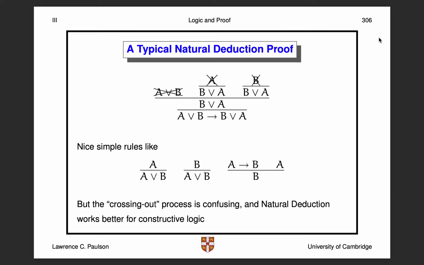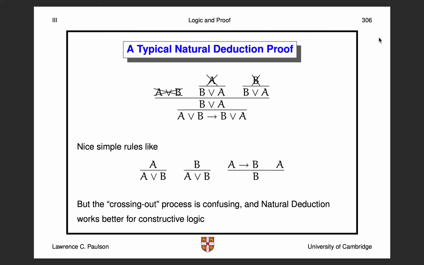You're meant to cross them out in the right order. And if you are thinking of myself trying to mark your exam question, I have no idea whether you've crossed out these formulas in the correct order or not, because what I see at the end is simply that they have been crossed out. It is a relatively natural way to work, but the crossing out can get a little confusing and messy.